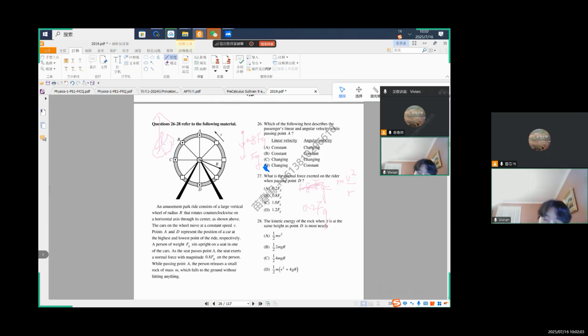Wait, so where's the 0? Oh, I see now. This is A. And now we are adding D, right? What's happening at D? D is the lowest.